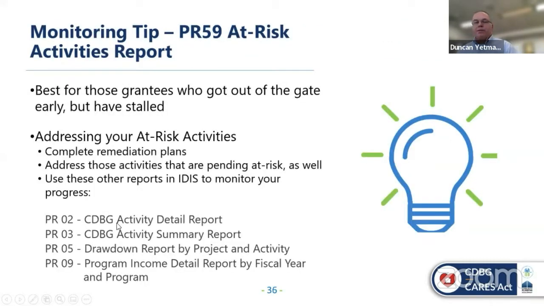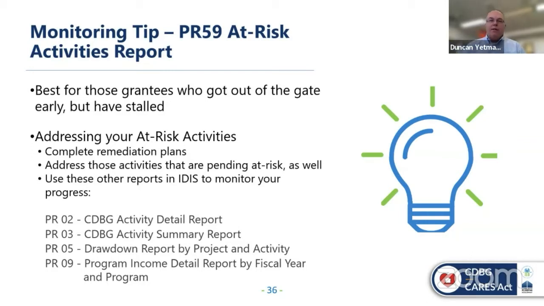Okay, let's go to another monitoring tip: the PR59 at-risk activities report. This is a very helpful report for those of you who got out of the gate very early with the expenditure of your CDBG-CV funds, but you stalled.